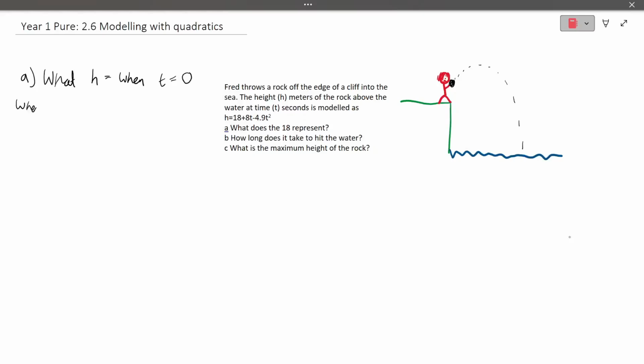So when t equals 0, our h equals 18. I would possibly also write then that 18 is the initial height.